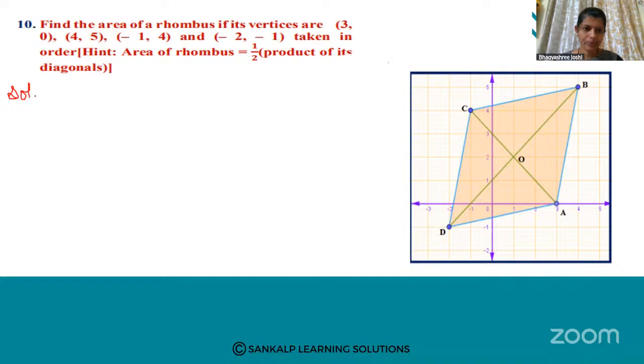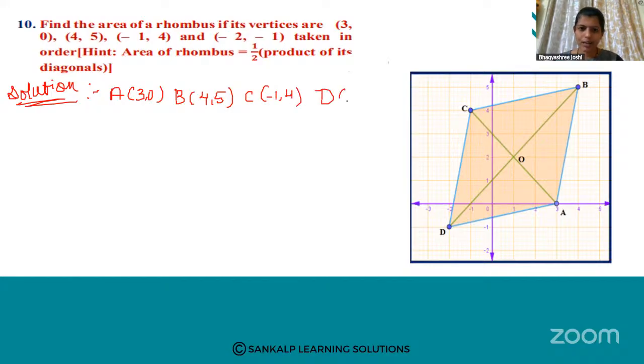Solution. Coordinates of A are (3, 0). Coordinates of B are (4, 5). Coordinates of C are (minus 1, 4) and coordinates of D are (minus 2, minus 1). Right?